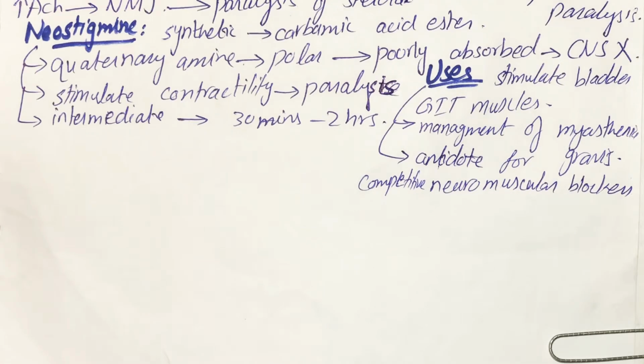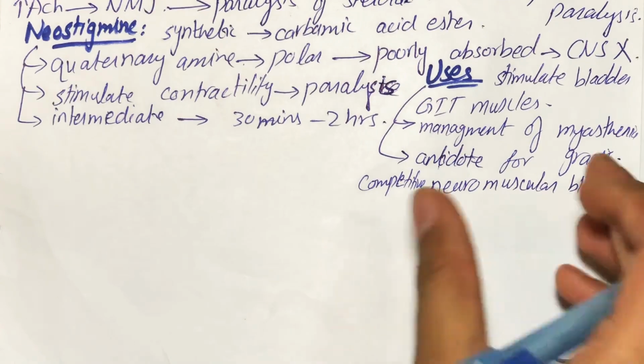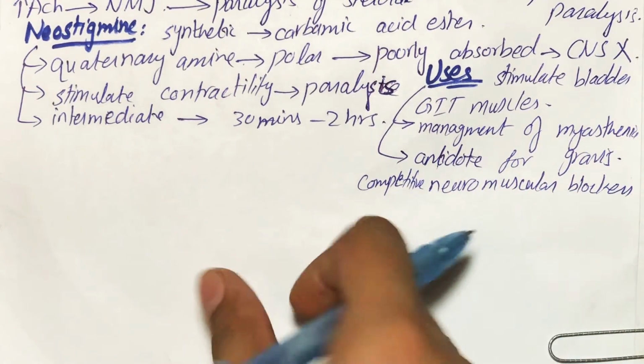Now, neuromuscular blockers are often given before surgery to cause relaxation of muscles of the patient, but in case of high dosage or overdose, we need to inject an antidote for that neuromuscular blocker. So we give our patient Neostigmine as an antidote for such competitive type of neuromuscular blockers. These are some uses of Neostigmine.